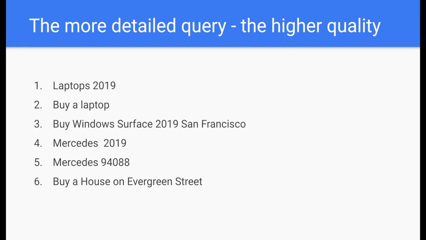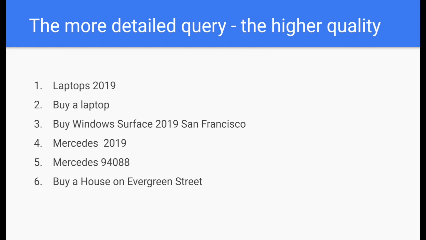If somebody is looking for laptops 2019, how big is the chance that he is actually going to buy my laptop that costs about, I don't know, $1K or $2K right now, right here, after clicking my ad after this search query? I believe it's a very low chance, because the person doesn't actually know what he wants. He's not actually saying that he wants to buy it. He's just researching, and that's where you don't want to make an ad.